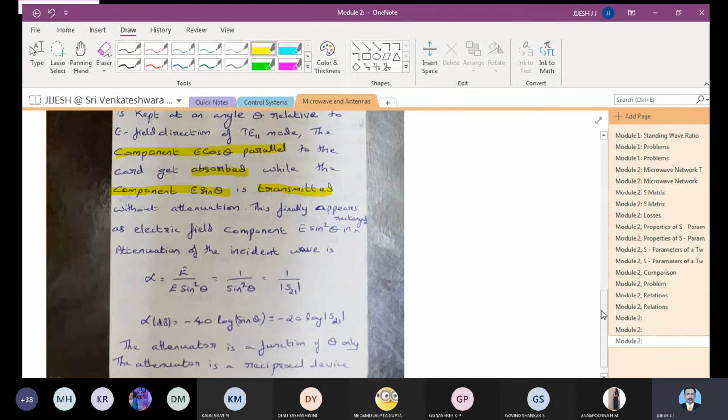All these things you can write down. The attenuation is a function of theta only. The theta, which is varied at the resistive film, is going to directly impact the signal at the output level.